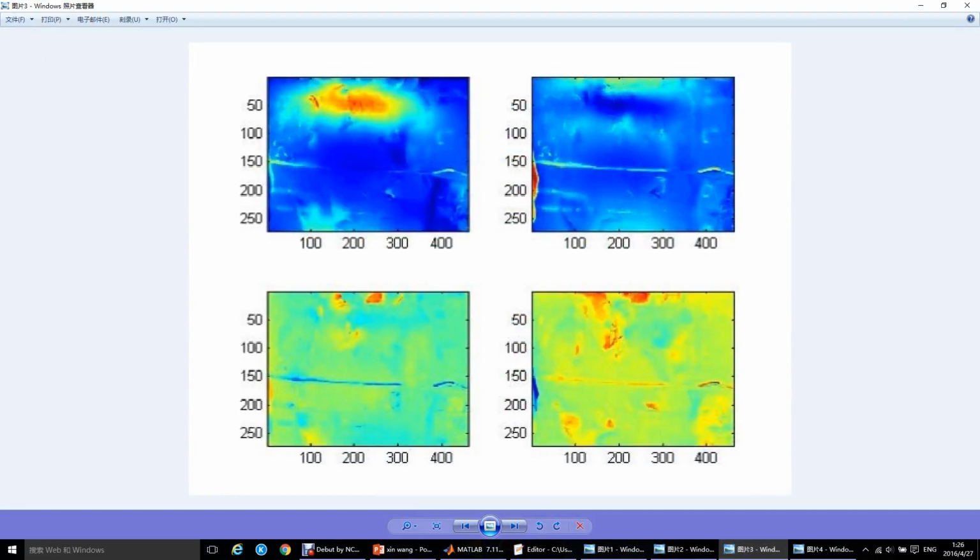The third picture is the principal components of the first 128. We can find the macro damage from the image, for example, here.